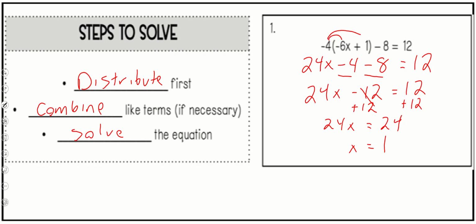I get it to x equals 1. Any questions on that one? So you distribute, combine like terms, solve the equation.